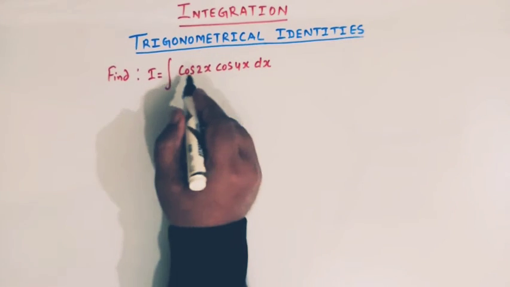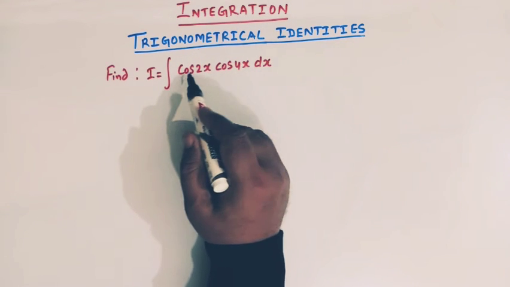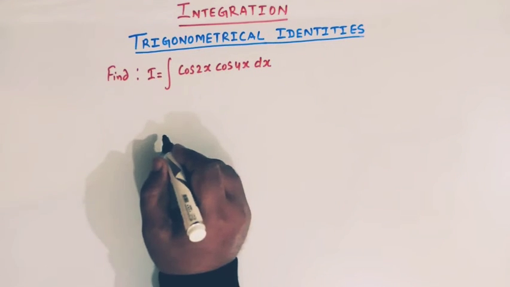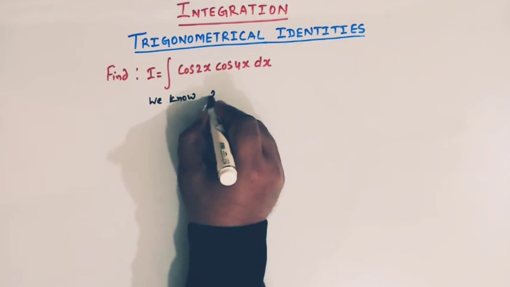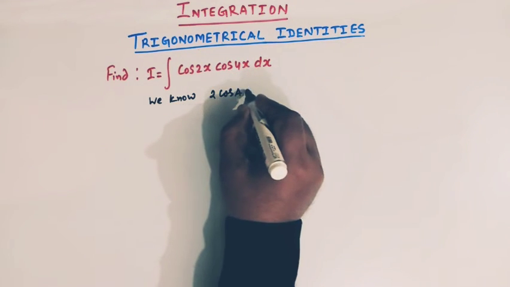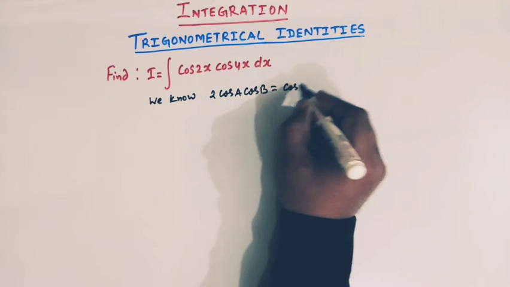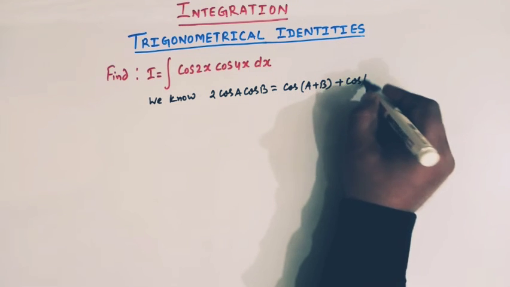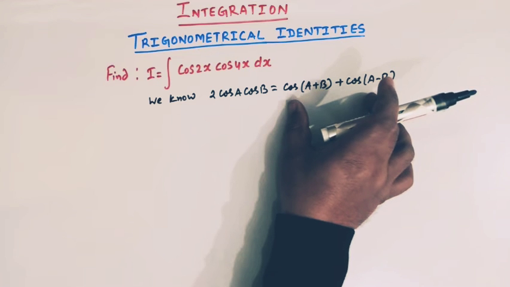So we'll use the trigonometrical identity which involves the product of two cosine functions, and we know that 2 cos a cos b is equal to cos of a plus b plus cos a minus b, right? So here we'll make use of this identity.